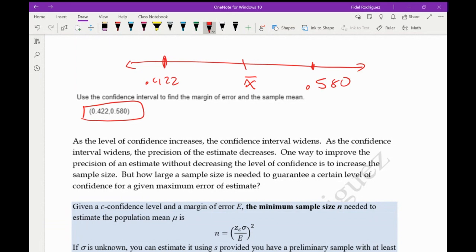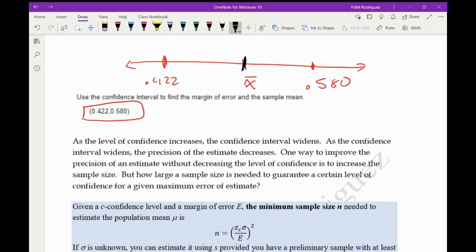Okay, so what we're trying to do is find the margin of error and the sample mean.